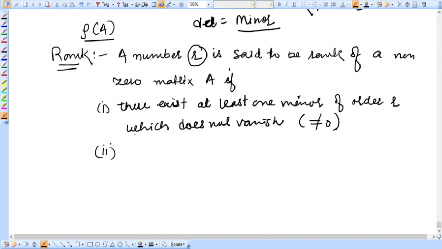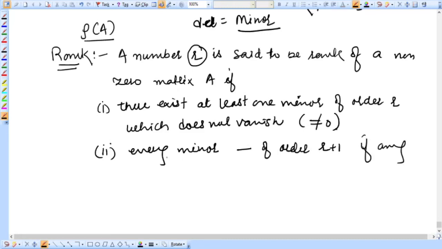Secondly, every minor of order R plus 1, if any exist, they should also be 0.